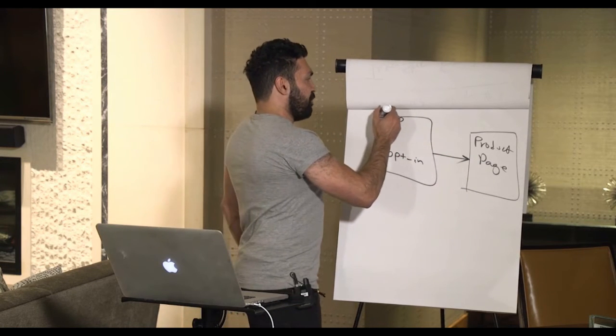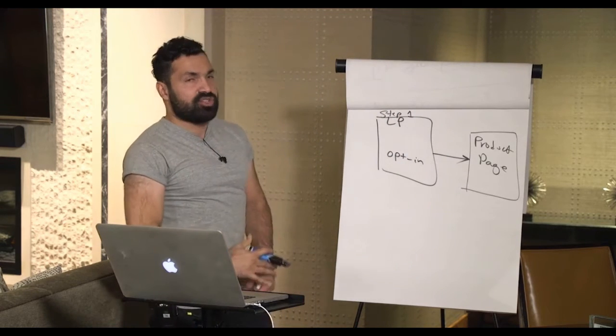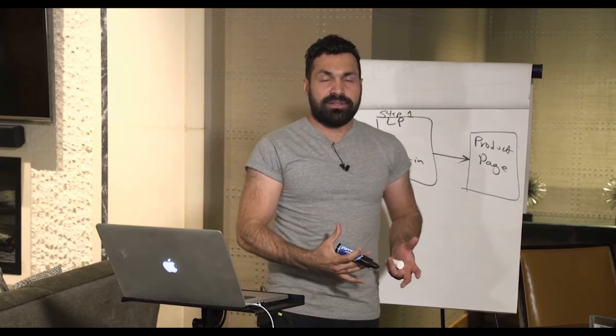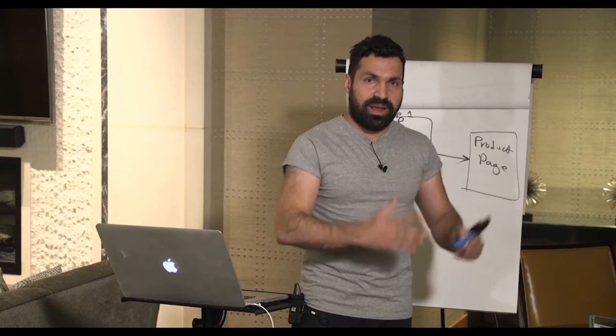So you have step one, a landing page where you present the product. You use cognitive biases. One of the restrictions of using a one-page Shopify checkout is that it's hard to put all cognitive biases into it, right? Shopify is a very strict format.